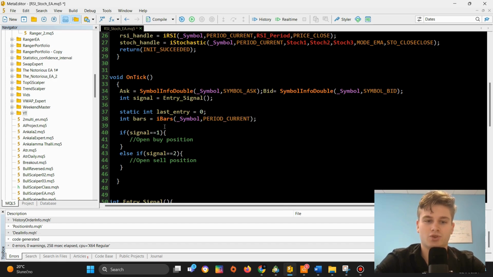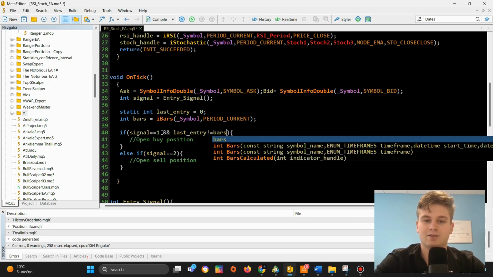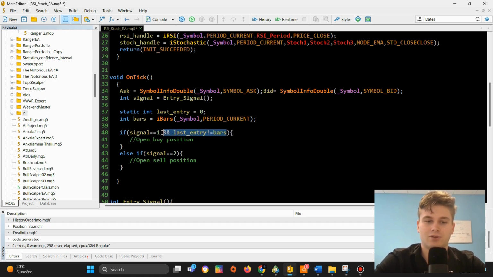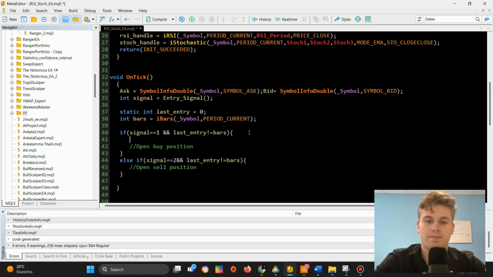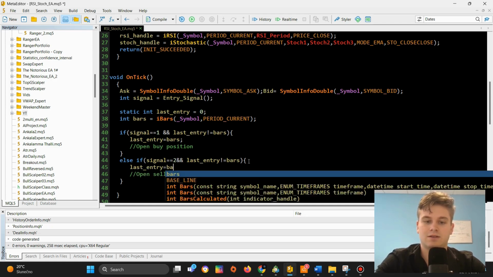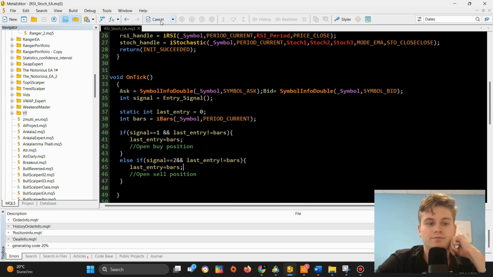And I will also check that last entry is not equal to bars. This is just a condition which ensures that I don't open multiple positions on the same bar. And then I will assign this here. Okay, so this is it.